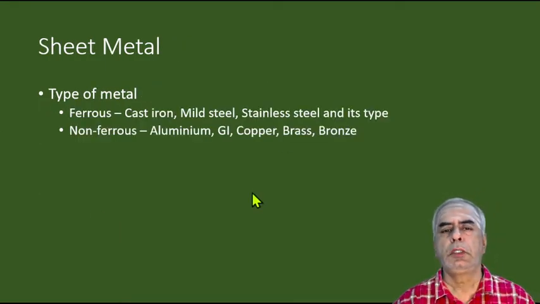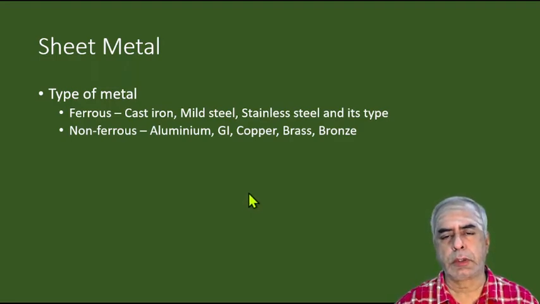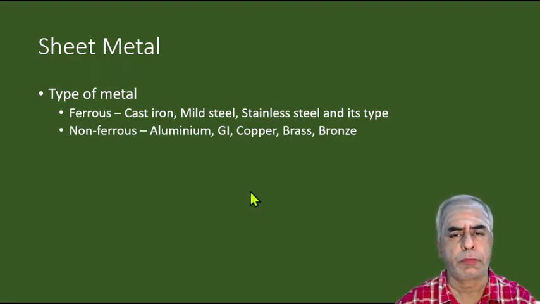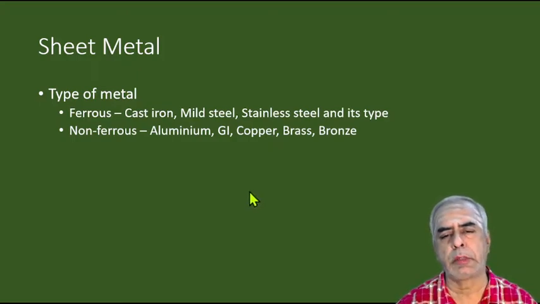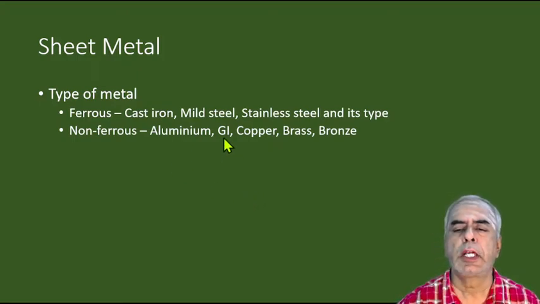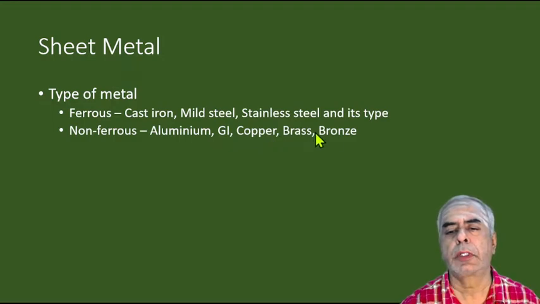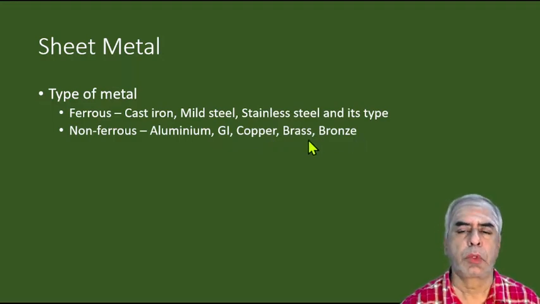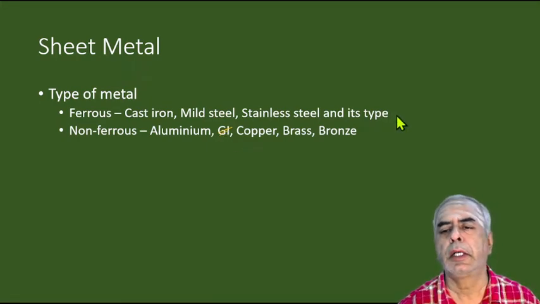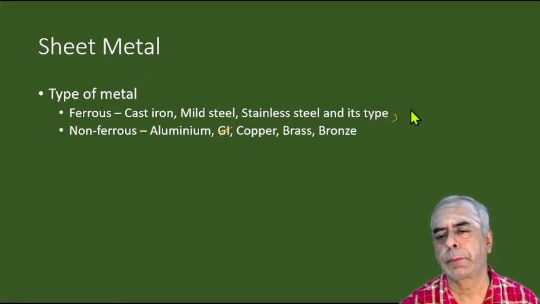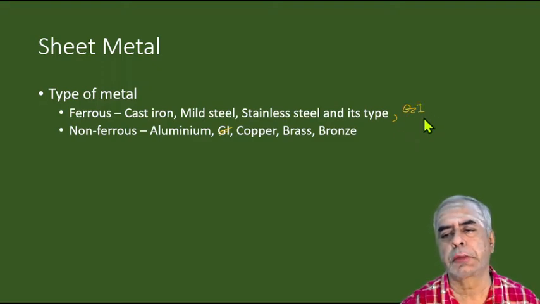Here, as far as the sheet metal is concerned, we got two types of metal, ferrous and non-ferrous, iron based and other metals like aluminium, galvanized iron, copper, brass, bronze. In fact, we can put GI, galvanized, under ferrous also, because there will be a zinc coat over the iron sheet.